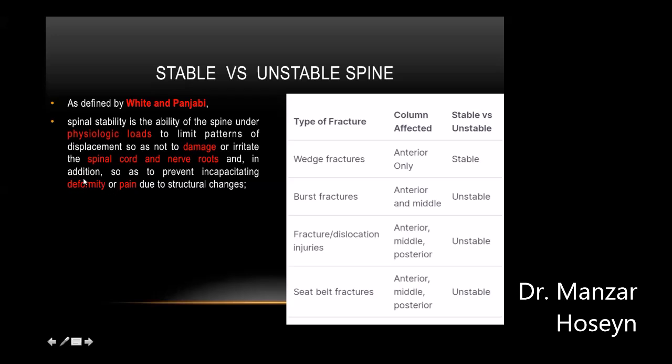It's able to resist pain, so people move pain-free when getting up and walking around, and there is no neurological deficit. If there's no change in shape under physiological load, no pain, and no neurological injury, the spine is considered stable. If any of these is not there, then that spine is unstable.